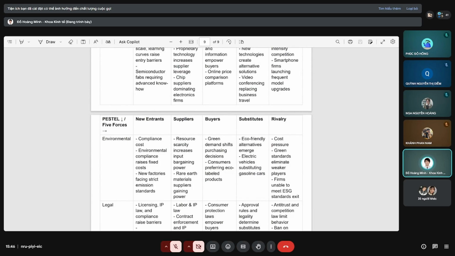Or the substitute. If the substitute product can improve its performance in terms of becoming more eco-friendly, they can improve the ratio of performance to the price.